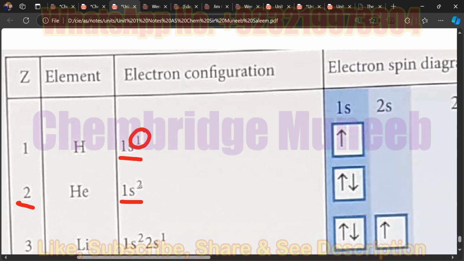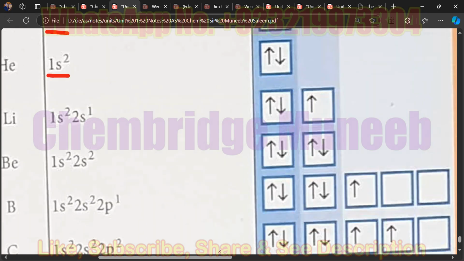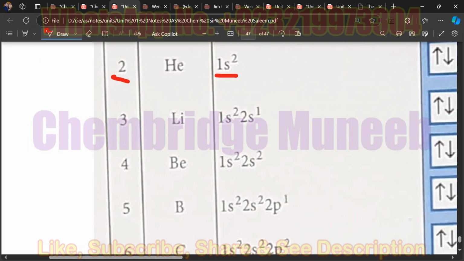So 1s2. Its electrons are filled accordingly: the second electron is paired in the opposite direction within the same orbital, or the same box, with the opposite spin. Clear? Yes.